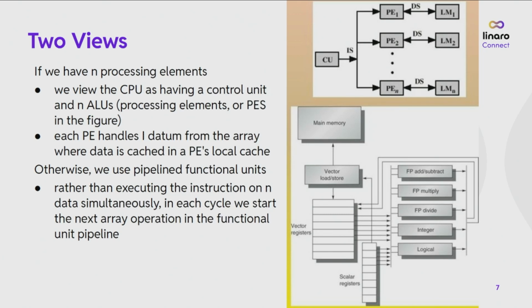Each processing element handles a datum from the array, where the data is cached in the processing element's local cache. Otherwise, in the second approach, we use pipelined functional units rather than executing an instruction on data simultaneously in each cycle. We start the next array operation in the functional unit pipeline.